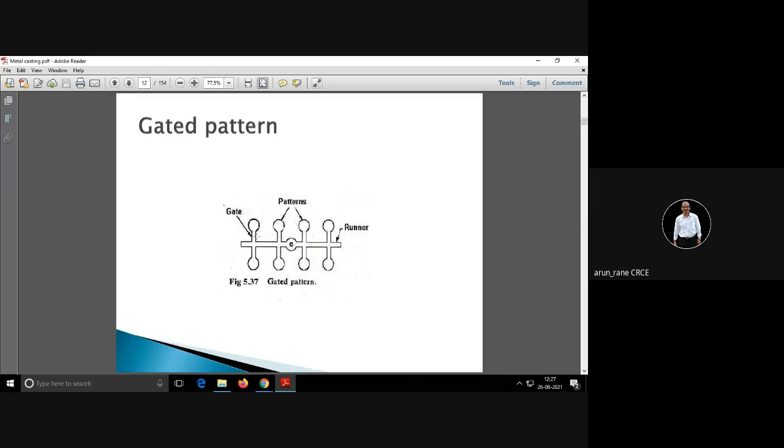Why should it be very small? Because when the components have to be ejected out, at that time we are interested only in this. We don't want this.